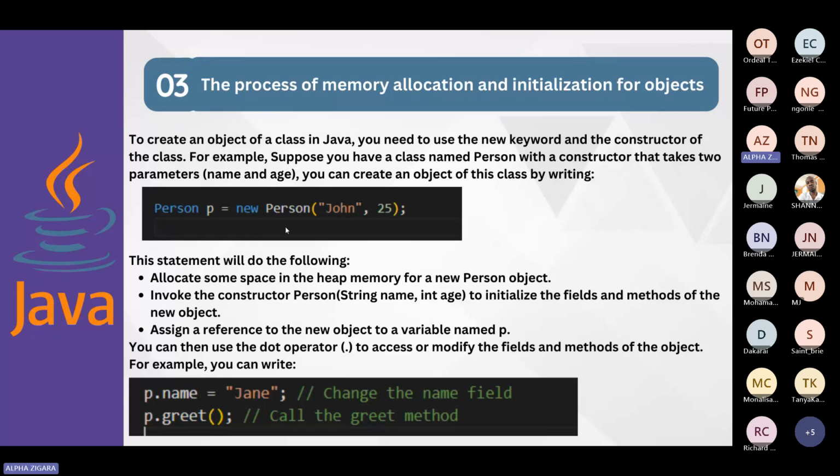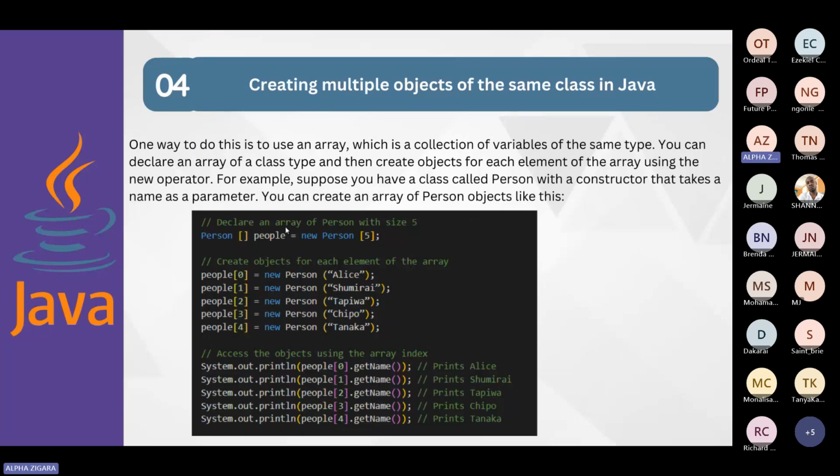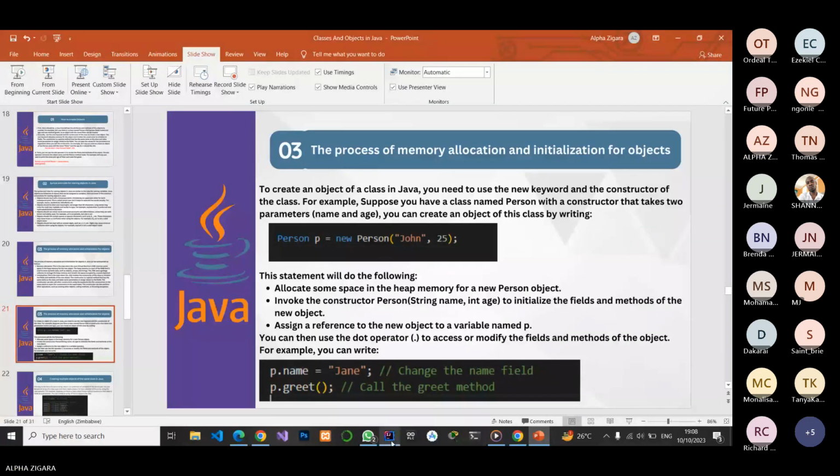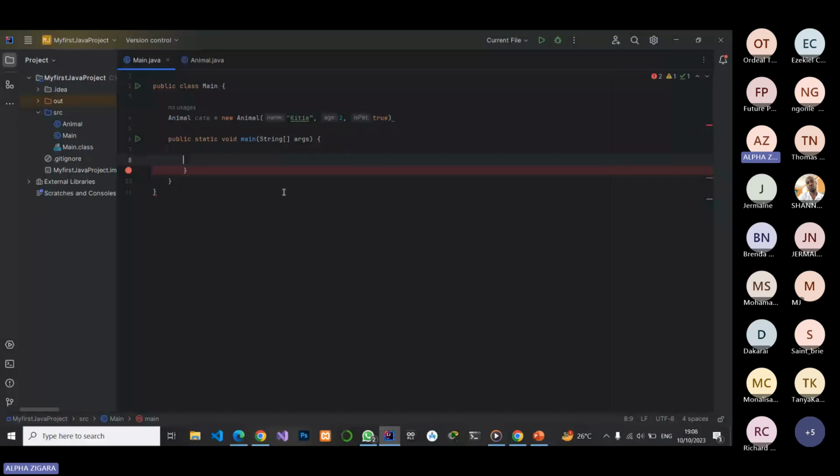Then you have modified the name of that instance. You can also call the greet method. For the sake of demonstration, here we created an object, the kitty object.